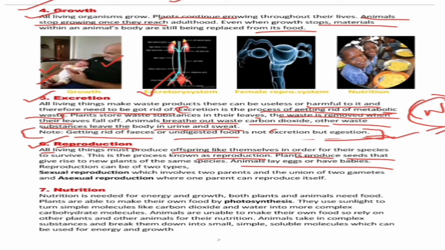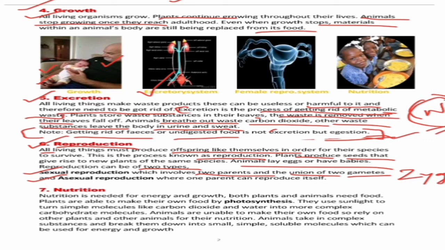Reproduction is divided into two types: sexual reproduction and asexual reproduction. In sexual reproduction, what happens? There will be two parents involved, and both these parents produce their gametes or sex cells, and they unite together to form the zygote. These things you have already studied.